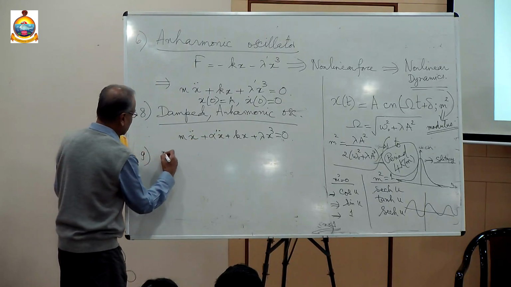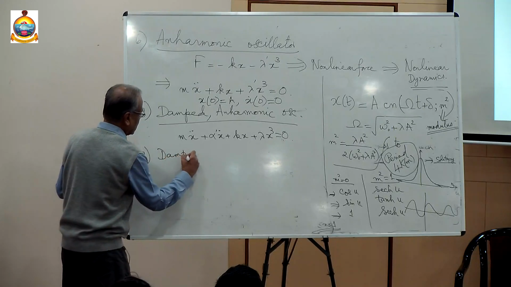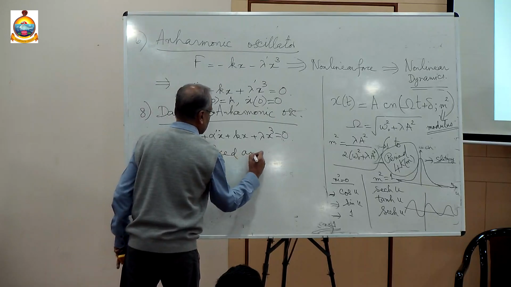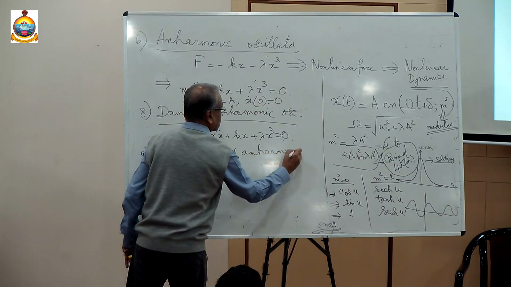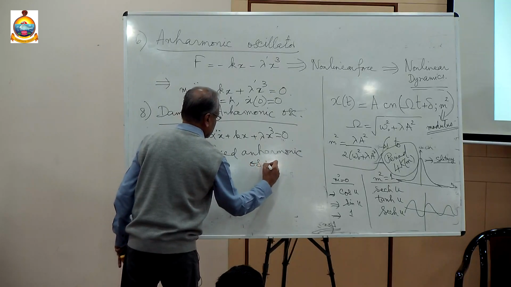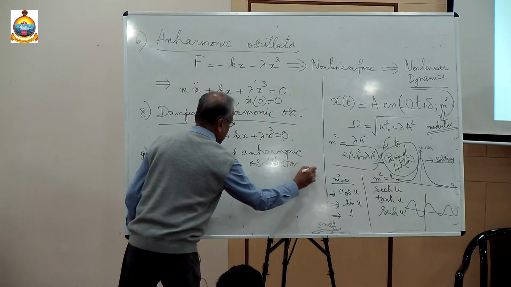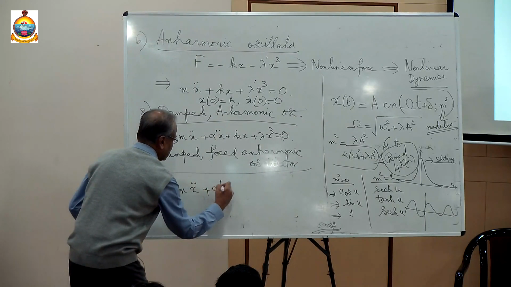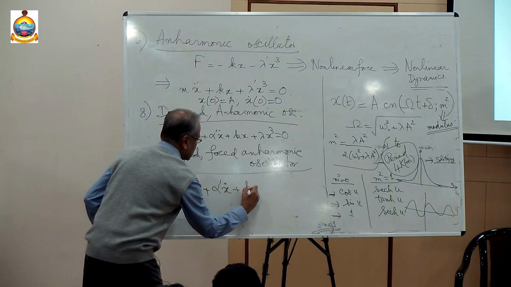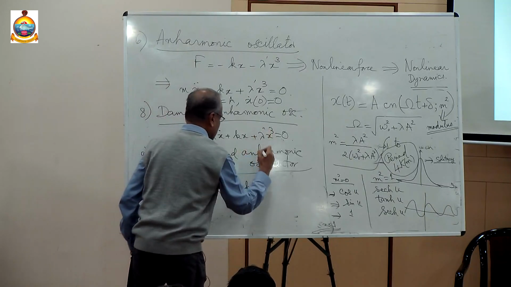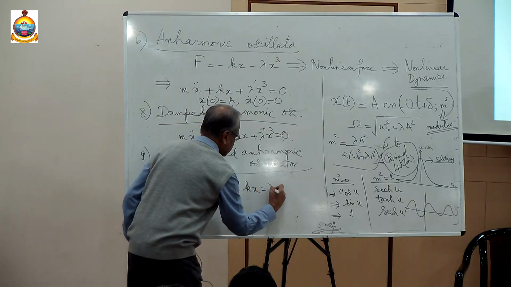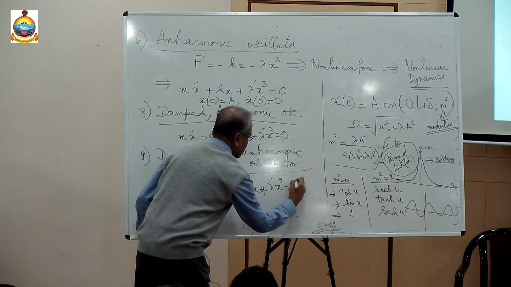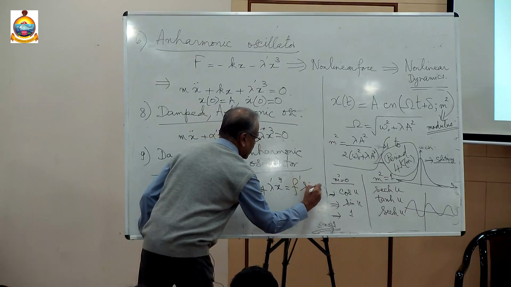So I considered an even more general equation, the damped, forced, unharmonic oscillator: m x double dot plus alpha prime x dot plus k x plus lambda prime x cube equal to f prime sin omega t.